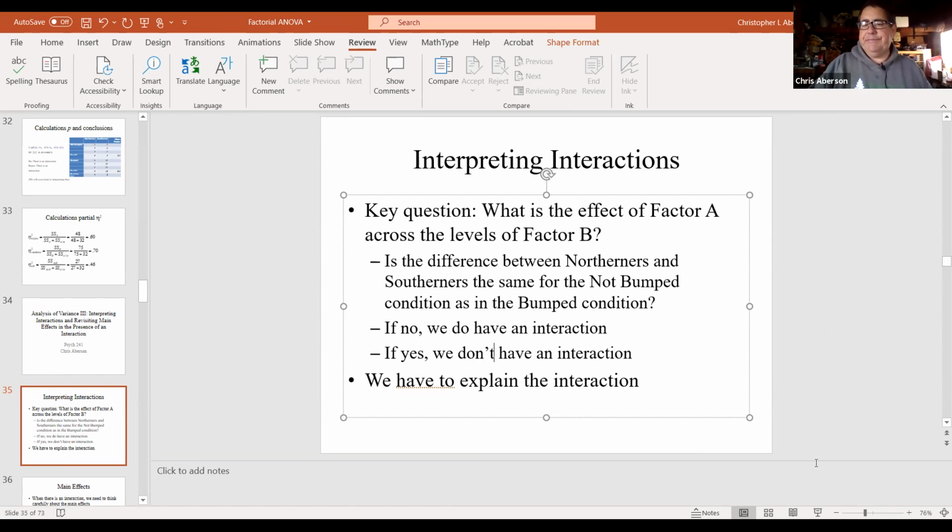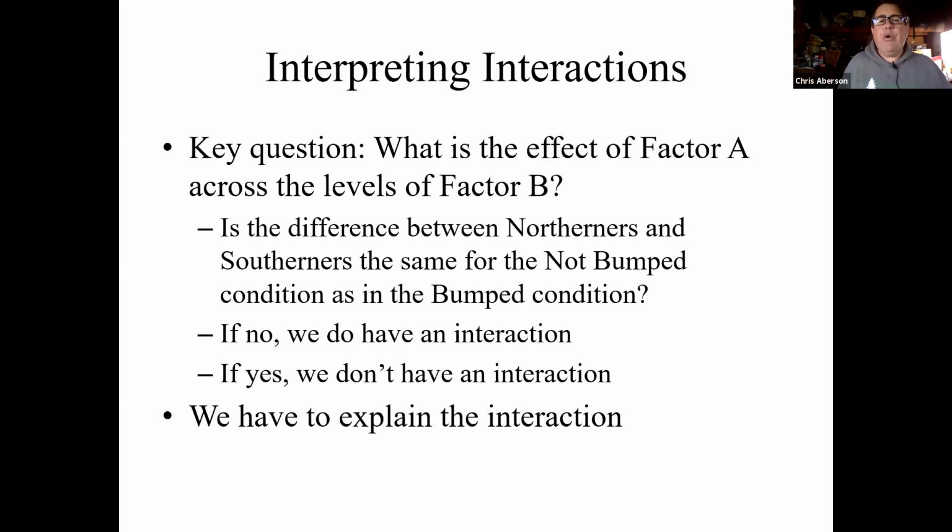If the difference is not the same, we do have an interaction. If it is exactly the same difference, we don't have an interaction. Again, if the difference is one thing in the first condition and something different in the second condition, then it's not the same and we do have an interaction. If we see the same thing across the two conditions, then we don't have an interaction.